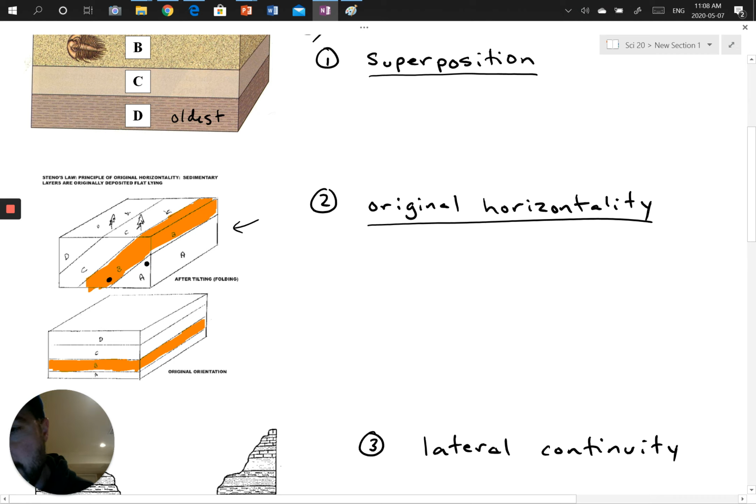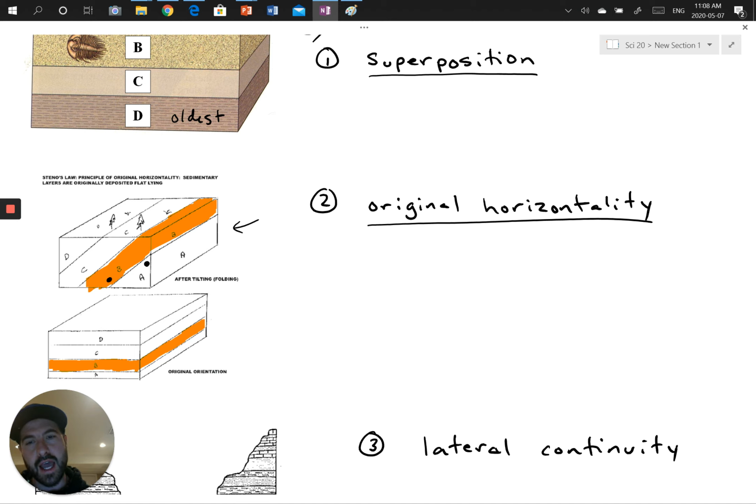Physically, when we're observing this, we see that the object in A is above the object in B. And using the law of superposition, we would say that the object in A is younger than the object in B. But we have to also apply this principle.